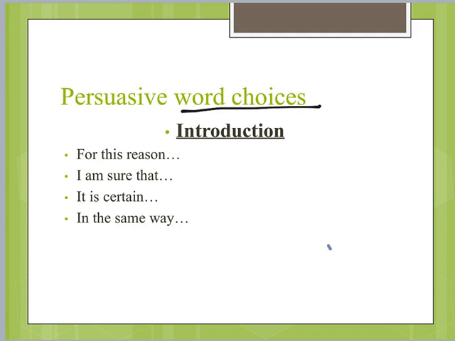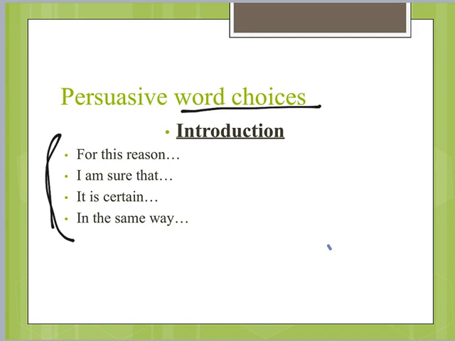A leaflet, again, is like a poster, but it's one big page folded into 3, for example, or 2, like a brochure. So in the introduction, some examples of the word choices you could use are: for this reason, I am sure that, it is certain, or in the same way. So again, I repeat, it's very important to use such words or phrases in your introduction.